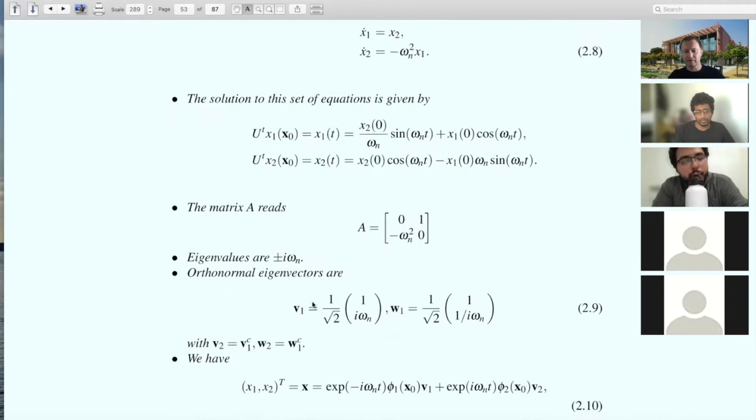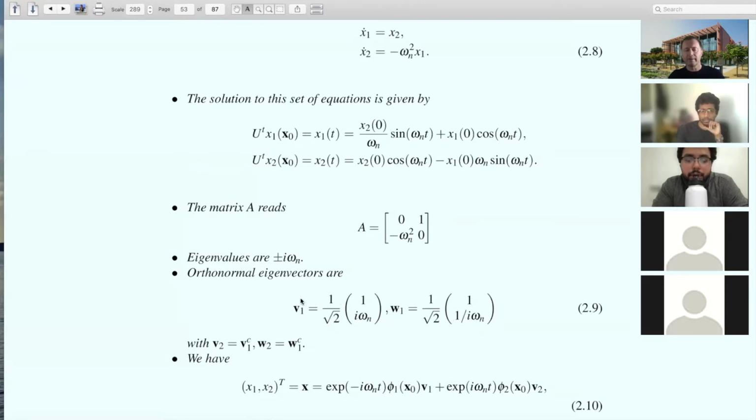And the eigenvectors are v1, 1 over square root of 2, times 1, i omega n. So clearly we have complex eigenvalues, complex eigenvectors. And then w1 is similar, 1 over square root of 2, 1, and then we have 1 over i omega n. The reason why these terms are here is for normalization.